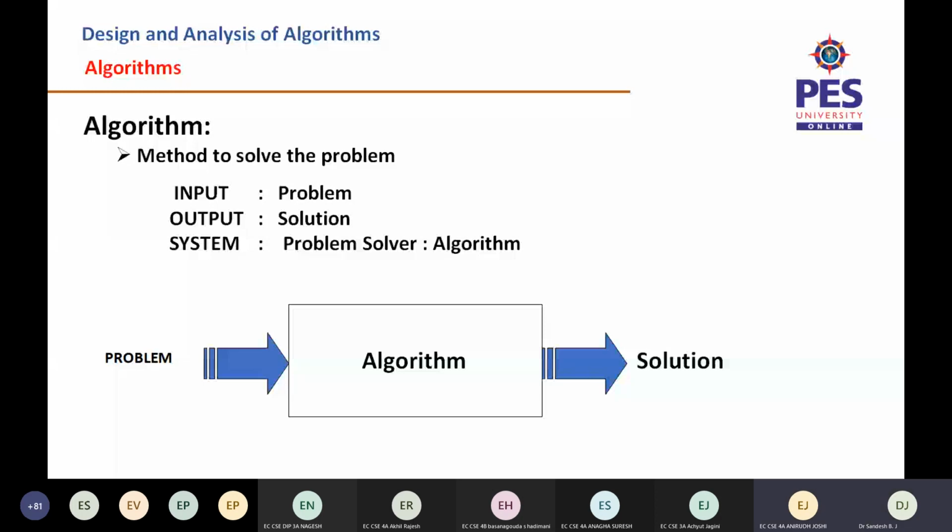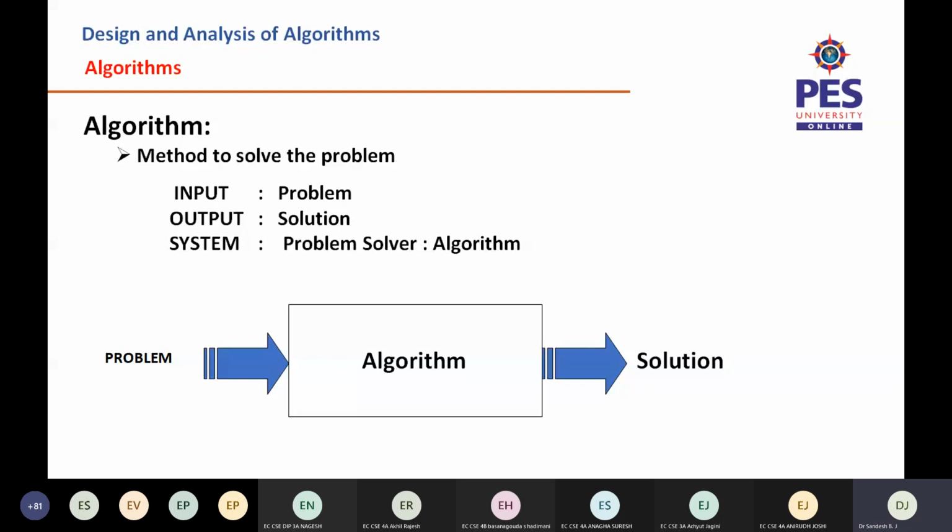Okay. That means to say, at the outset, an algorithm is a method to solve the problem, right? Input is a problem, output is a solution which you are looking at, and the system is a problem solver that is given by the algorithm.